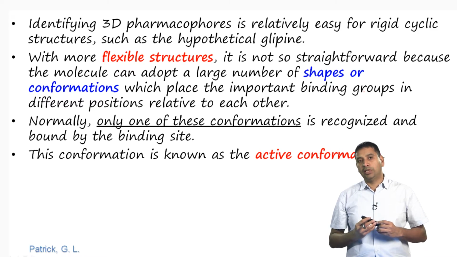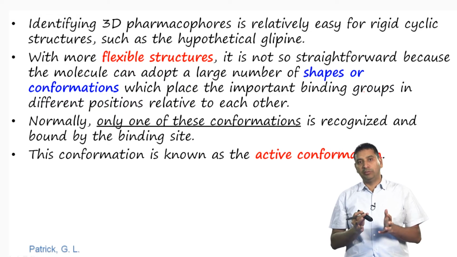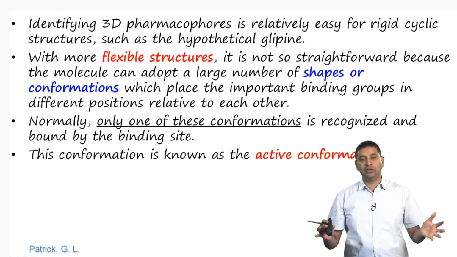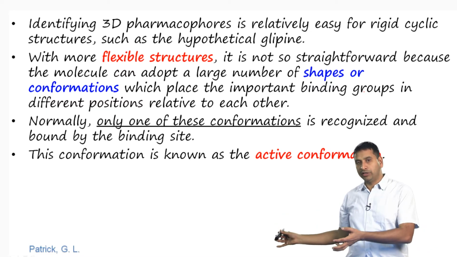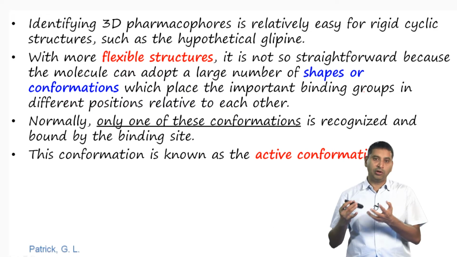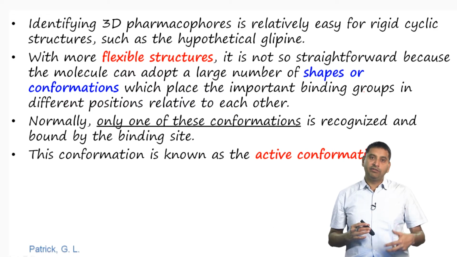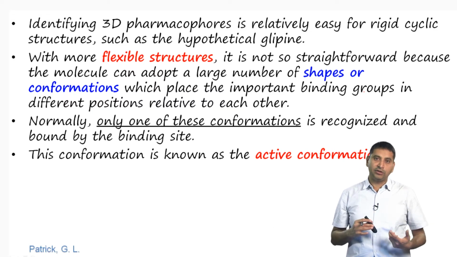So, these then become more complicated to interpret, because the important binding groups may actually be a particular conformation which can be the active conformation, and if they are not present in that conformation, then the molecule may not be active.